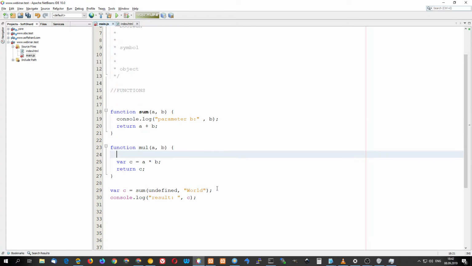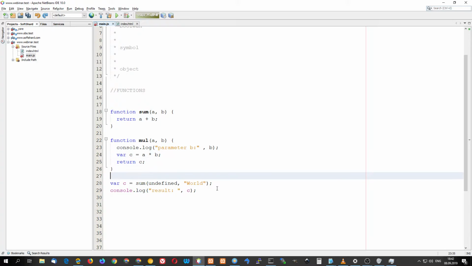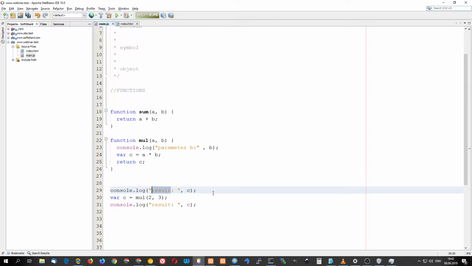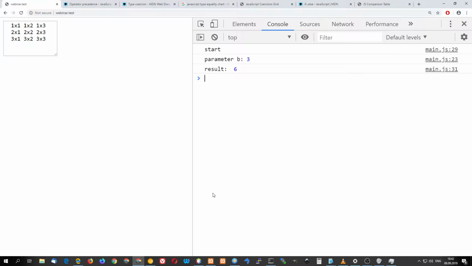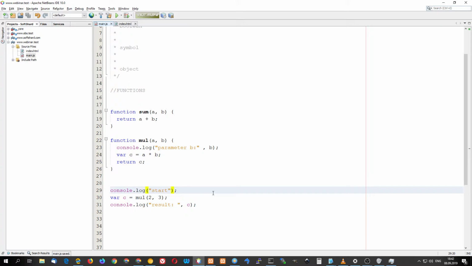Let's put it into my sum form. Let's leave it into my multiplication function. Okay. One thing you can notice is that the program jumps.